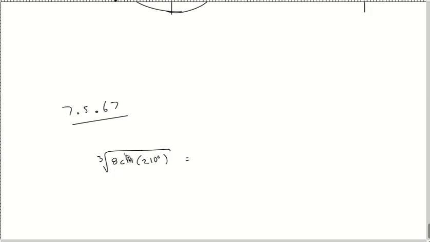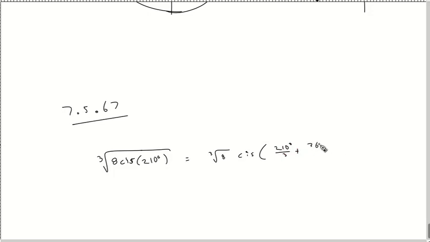Okay, so we got the cube root of 8 CIS 210. And so what I need to do is say, well, that's the cube root of 8, and then the CIS of, and now this is where it's 210 over 3, and then plus, and how much am I adding each time? Think about it for a second, right?